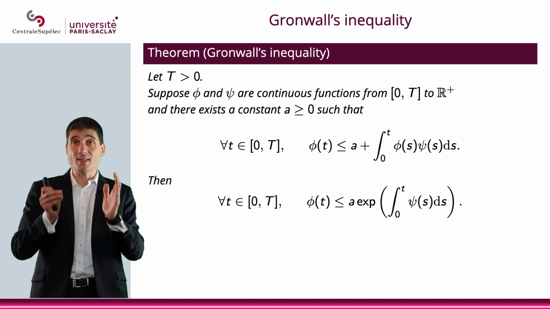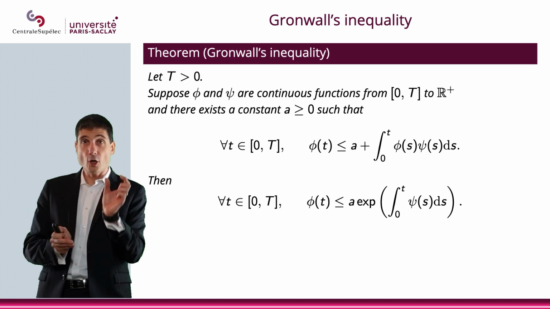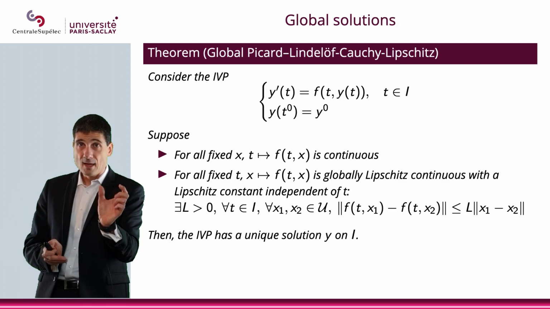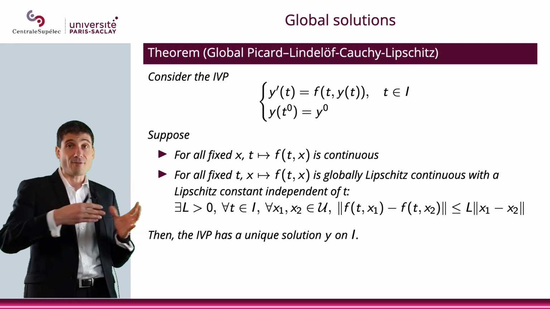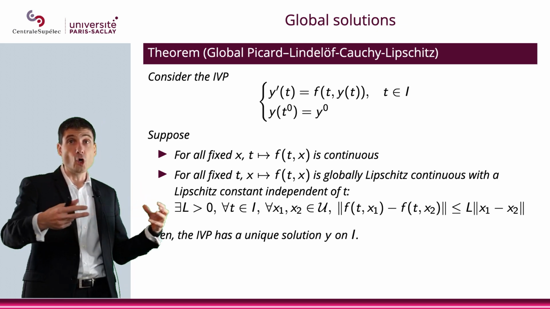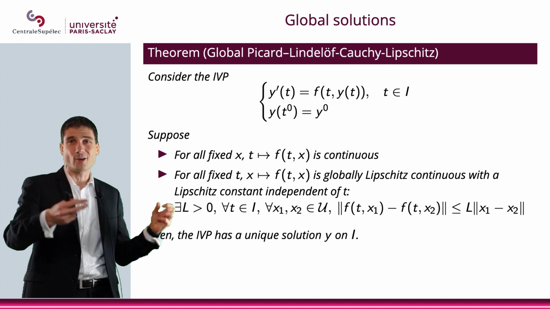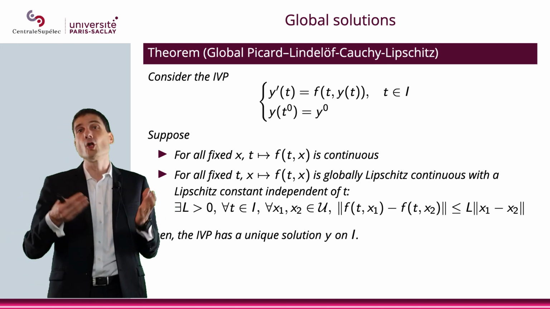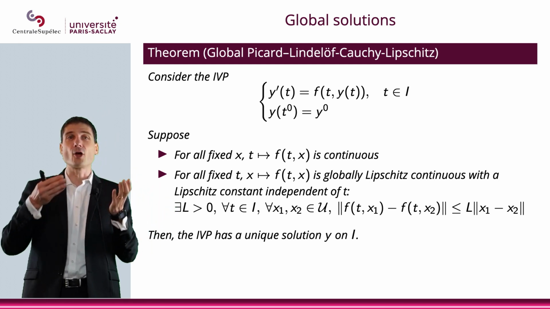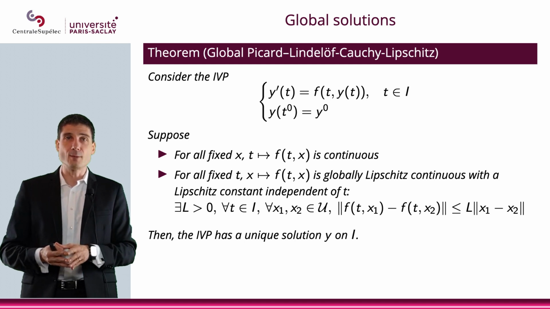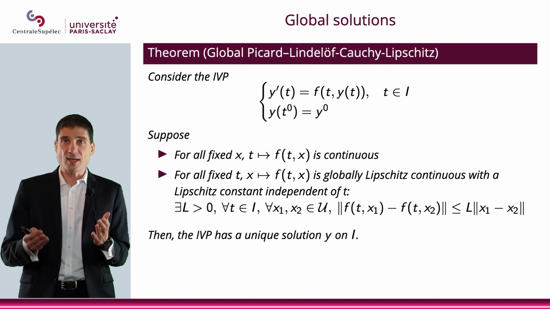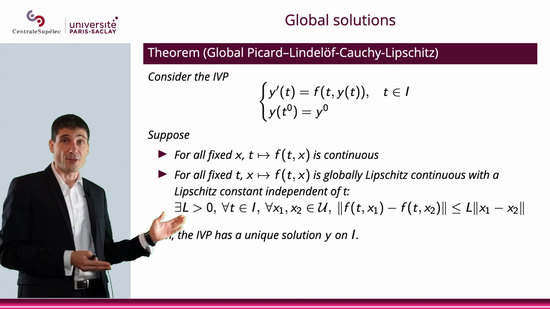Now, that theorem was stating a very local result around t0. We can be interested in having a solution on a more global scale, and that is what the global Picard-Lindelöf-Cauchy-Lipschitz theorem is about. The hypotheses are these ones.